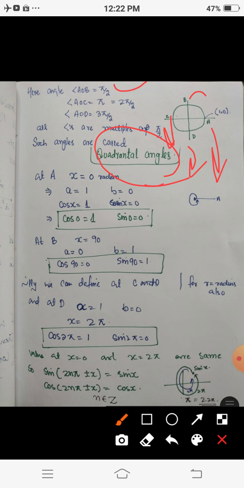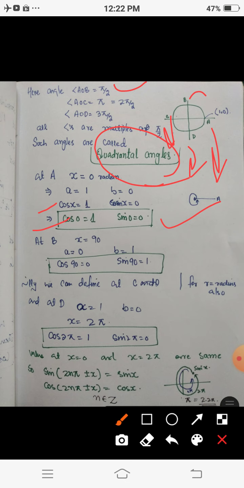But we defined a to be cos x and b to be sin x, which implies that a equals 1 means cos x is 1 and sin x is 0. Hence cos 0 is 1 and sin 0 is 0. So at this point the value of cos and sin is 1 and 0 respectively.